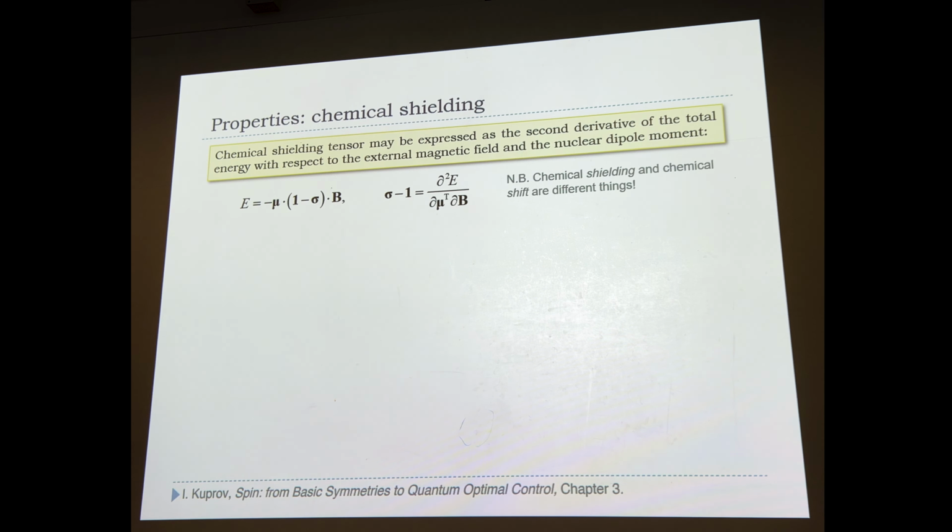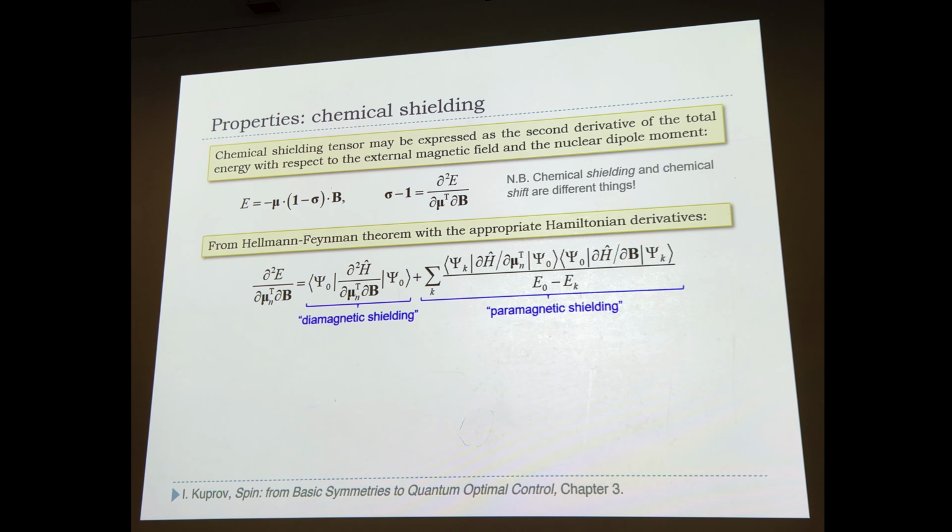We must differentiate energy with respect to the nuclear magnetic moment and the applied magnetic field. Same old Hellmann-Feynman theorem. We take the Hamiltonian and we know exactly from the previous slides how it depends on the nuclear magnetic moment and the magnetic field. So that's the second derivative. Then we need a first derivative here with just the magnetic moment and the first derivative here with just the magnetic field.